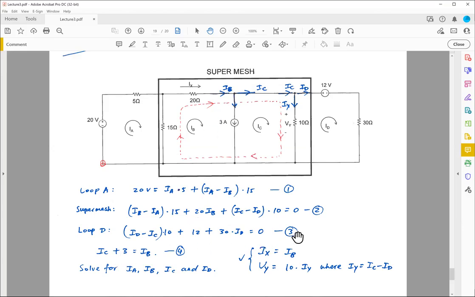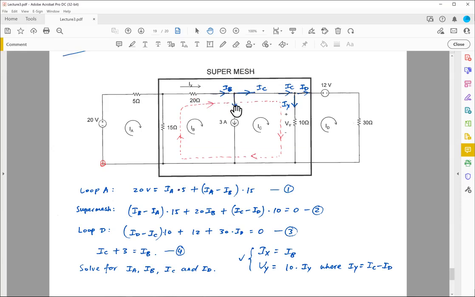So jumping ahead, I'm going to go to equation number 4 first. IC is flowing into this node. IB is flowing into this node. IC is leaving the node. This current, which is 3M, flowing downwards, is also leaving the node.